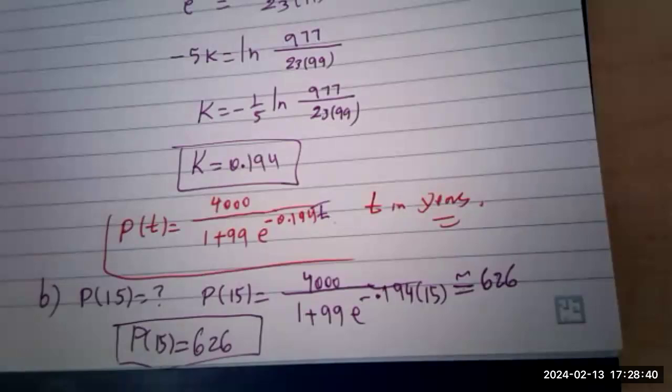Part C is the confirmation. You have to show that the limit of P of t as t goes to infinity would be M, which is 4,000. That's clear, you see it well here. When t goes to infinity, that exponential part would be 0, so we get 4,000.